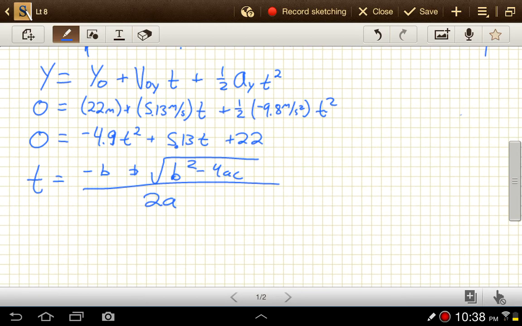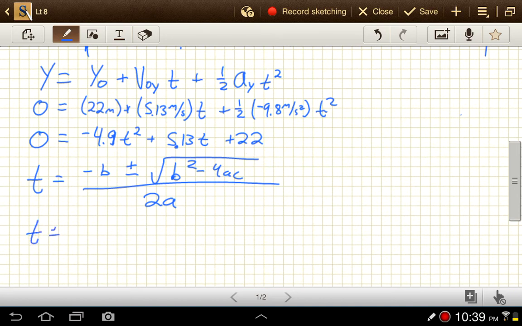That's how he teaches his students, or how they help themselves remember it. He's the math teacher, so I'll defer to his wisdom. The b is the second coefficient, the a is the first, and c is the third, so we can just plug in.